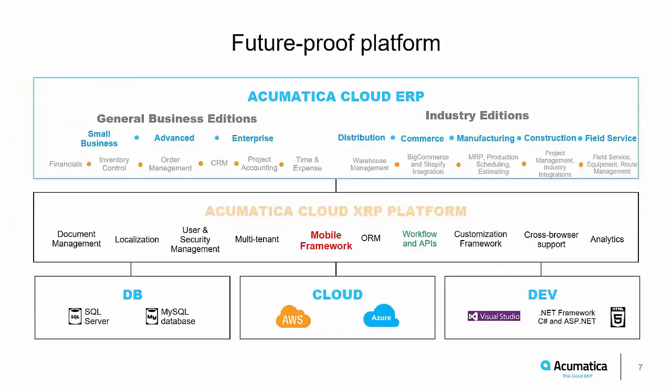And what you're going to see here is this screen is probably the screen that really sets Acumatica apart from every other accounting platform out there, or ERP platform if you want to look at it at a larger scale. And that is, if you look at that middle area where it says Acumatica XRP Platform, most of the systems that are on the market, if you're talking about NetSuite or Intact, they both came out in the 1999-2001 timeframe.